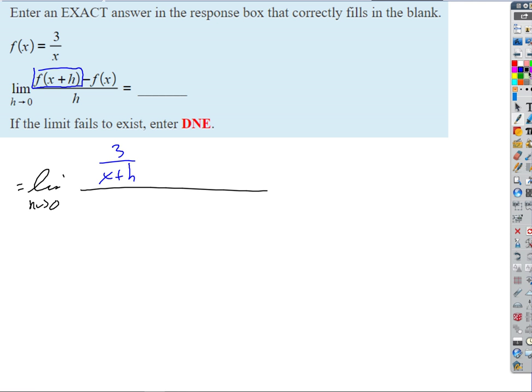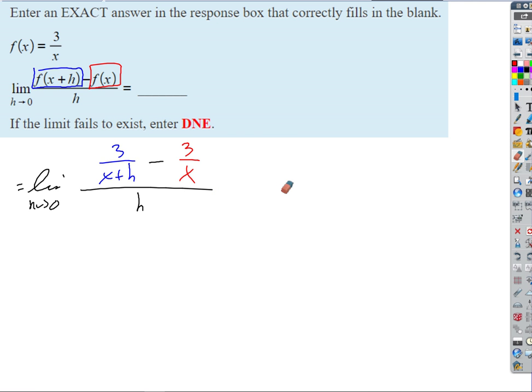Minus 3 over x, f of x is 3 over x, all divided by h as h goes to 0.